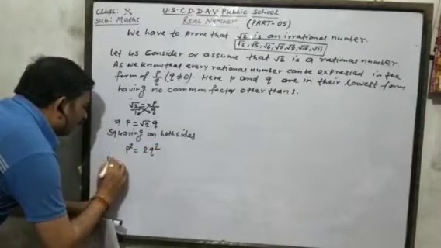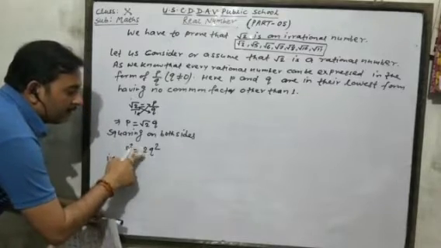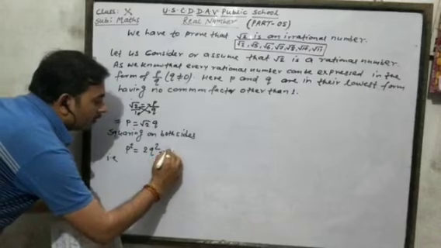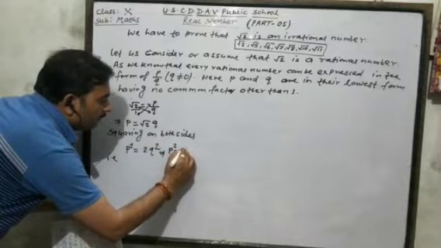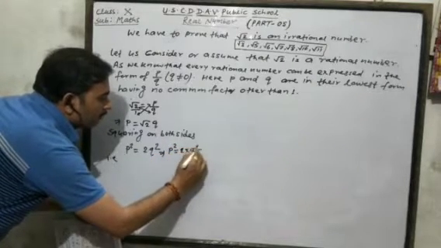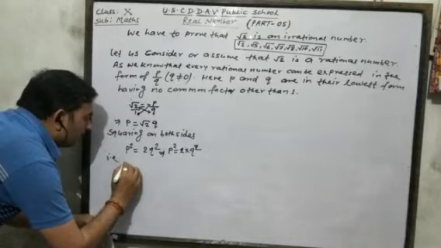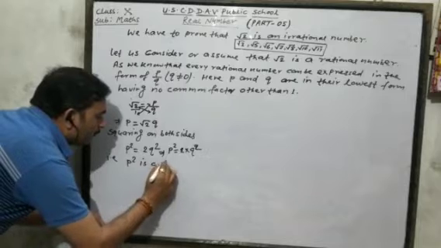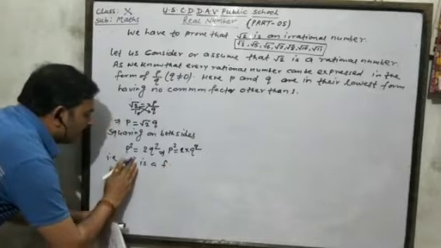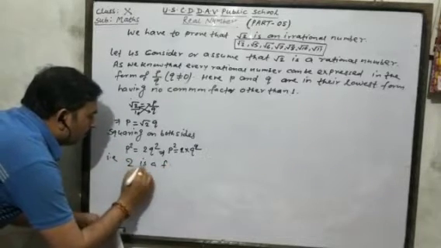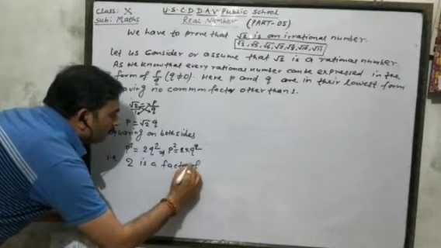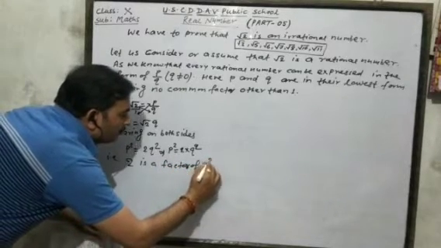That is, p square is a multiple of 2 multiplied by q square. You can also write it as 2 multiplied by q square.